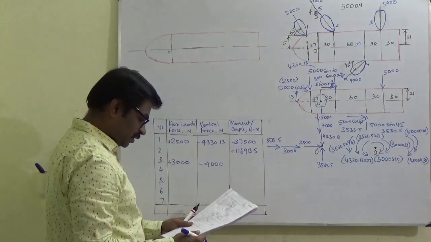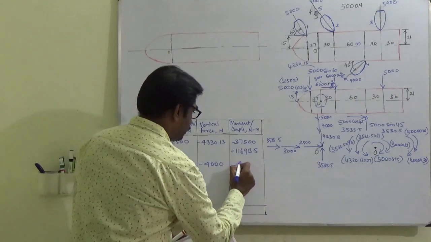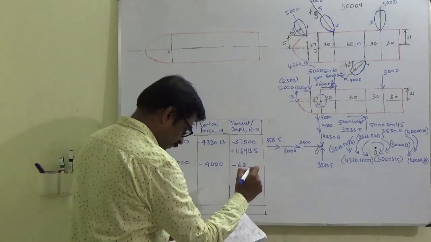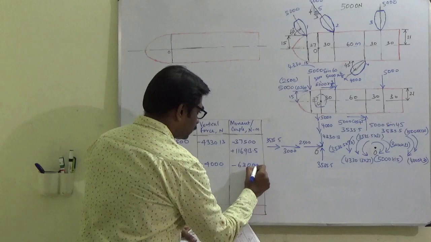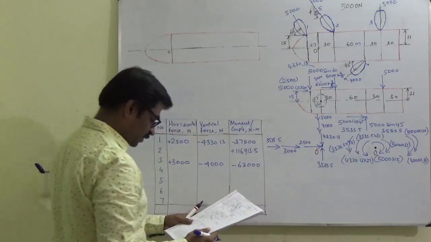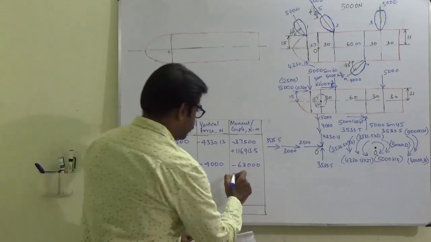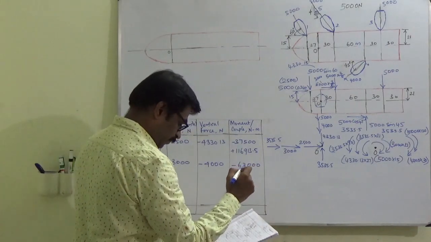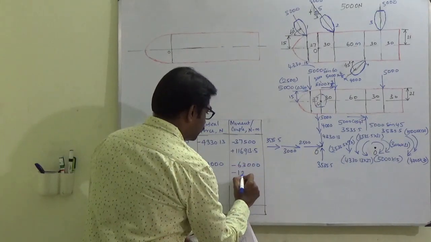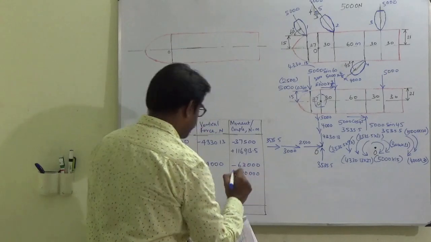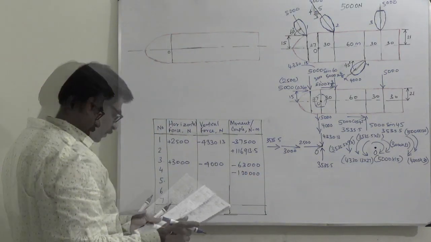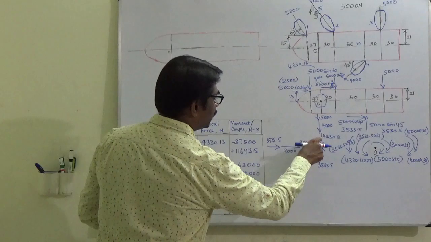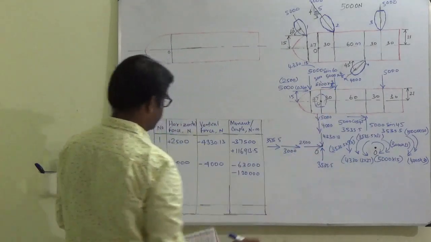So 3000 into 21 is minus 63,000, and 4000 into 30 is minus 1,20,000.